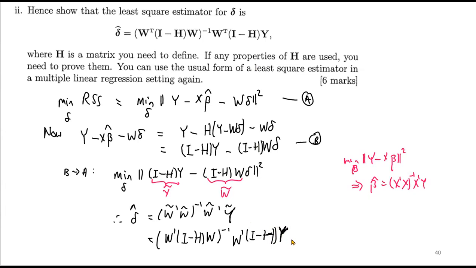That's why. As I minus H is idempotent, not impotent, idempotent. Okay, yeah, so we have broken this. So this is a question that shows you about the added variable plot.